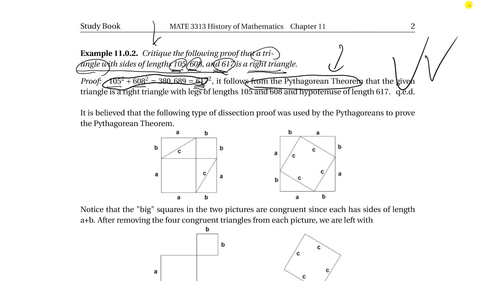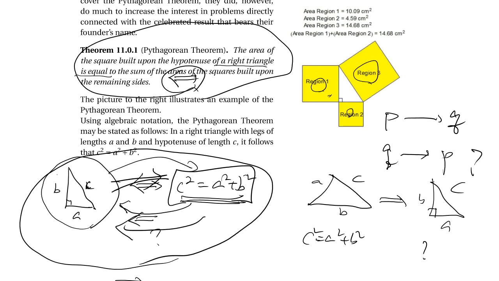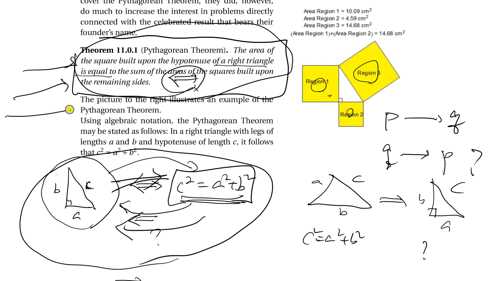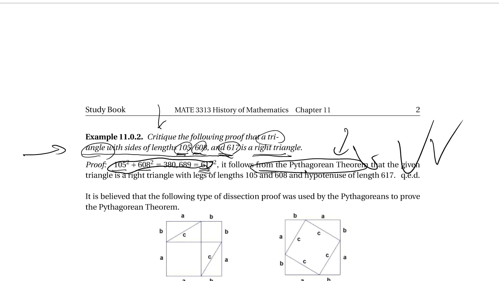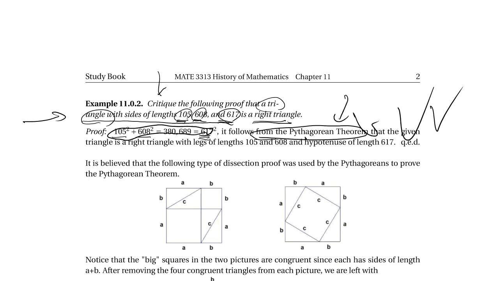But the only problem is if your Pythagorean theorem states only one way, then you cannot use this directly. So math books always have some kind of corollary or another theorem showing the other direction too. Then when you prove this type of question, you have to use not the Pythagorean theorem directly, but the other one. Or your Pythagorean theorem should state if and only if, both directions. Okay, so just be careful.